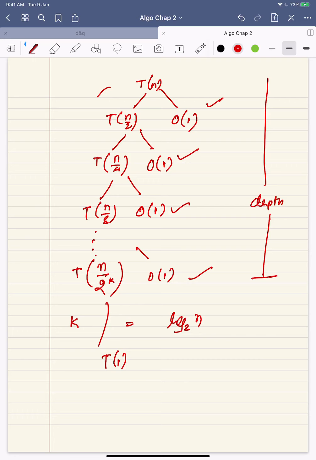So your work is k times order 1. And what is k? k is log n. So your T(n) is order of log n. That is the complexity of binary search. I think you already know this: binary search takes log n time. And now this is interesting. I have a sorted array, I have to search for a key, and I can do that in order log n.